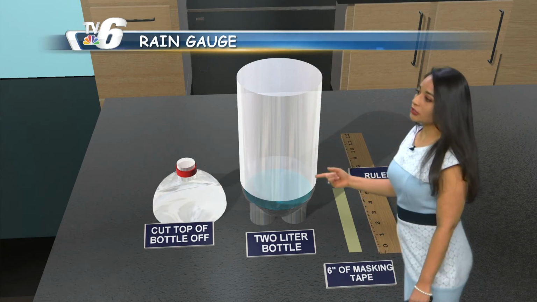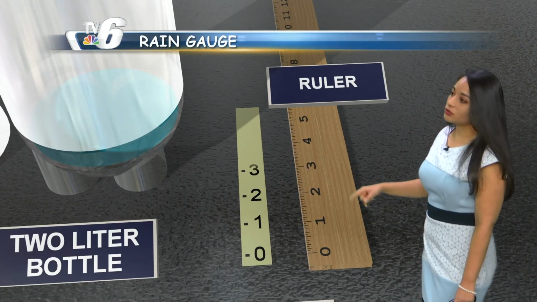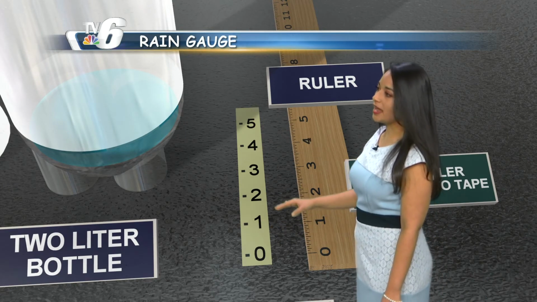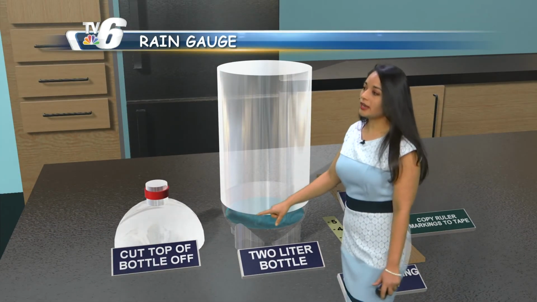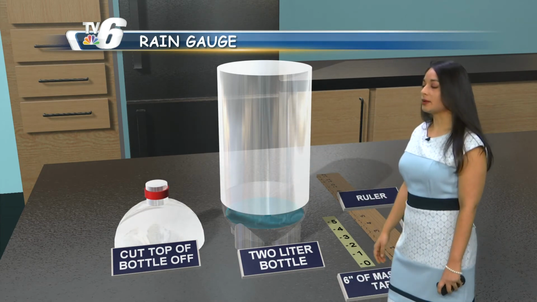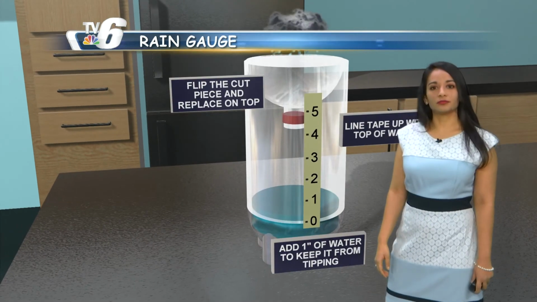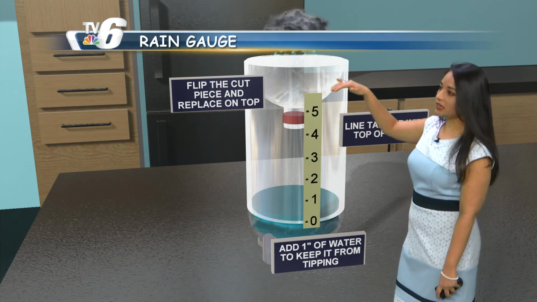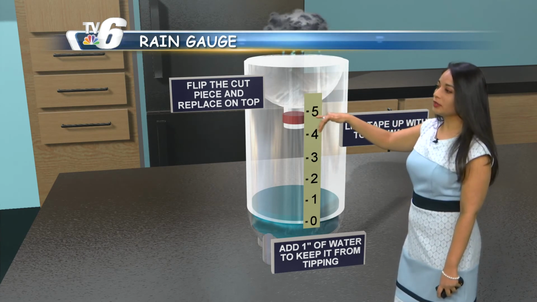And then what you'll do is take the ruler and mark about 5 or 6 inches on that masking tape, and then put the masking tape on the side of the soda bottle. You flip the top upside down into the bottle.